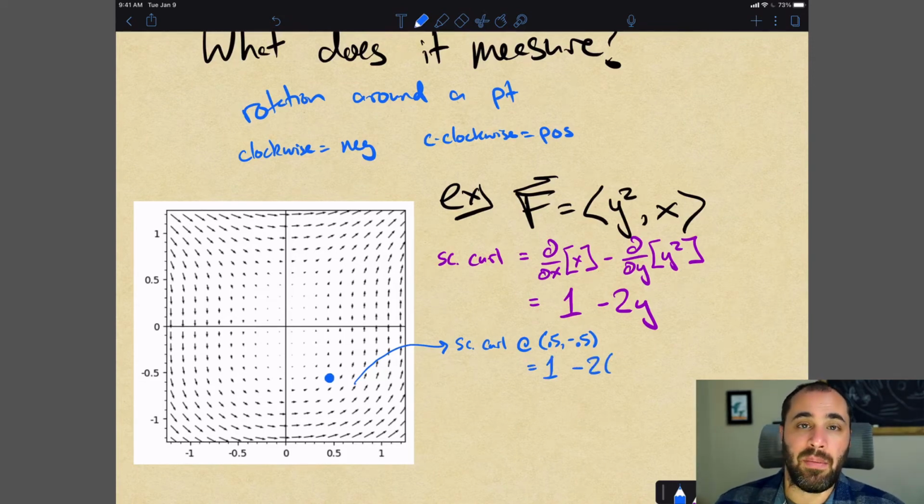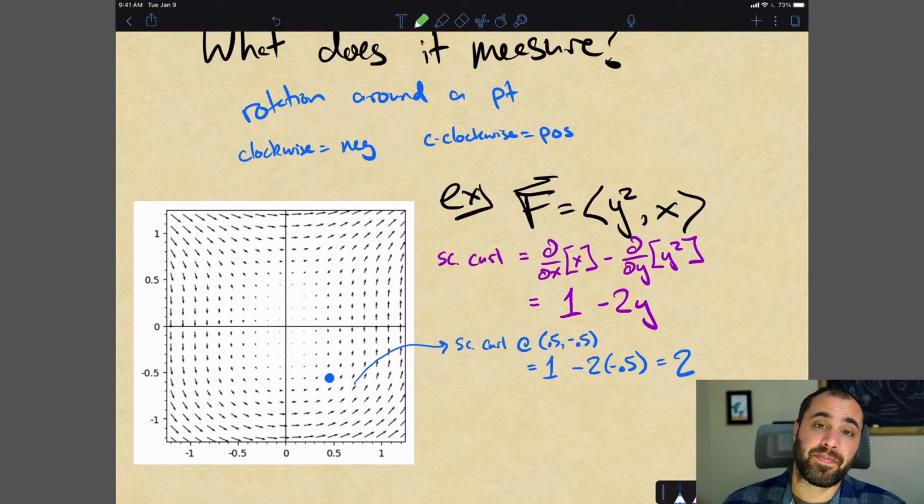And in fact, we can compute the scalar curl at that point. We know the scalar curl anywhere is 1 minus 2y. Well, at this point, y is equal to minus 1/2. So plug it in, and we get 2. At the moment, I'm not too concerned with the size of the scalar curl, but if it's positive, that's telling us there's a counterclockwise rotation.